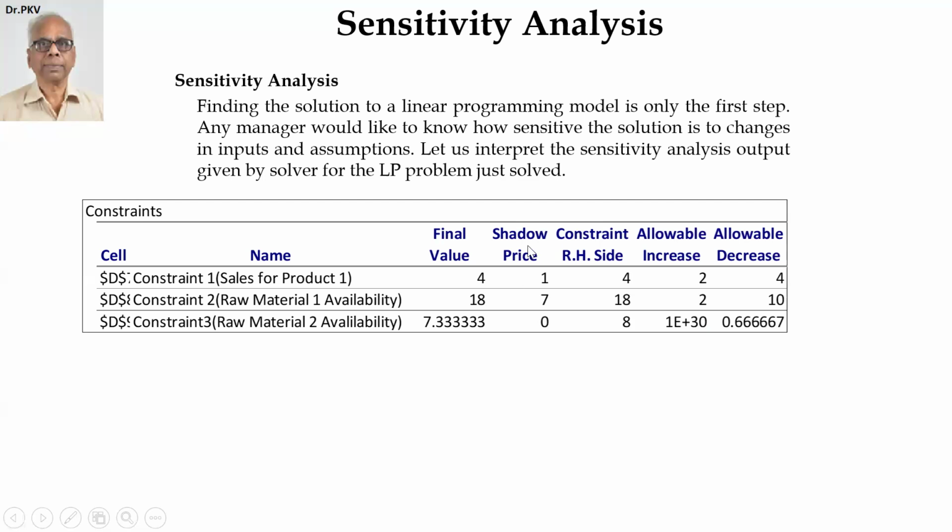The next column shows the shadow price: 1 for product 1, 7 for raw material 1, and 0 for raw material 2. Let's interpret this now.